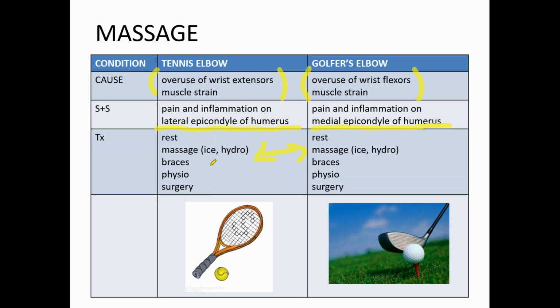They may need a brace. First of all, number one, rest. Stop doing the activity that's aggravating it, which is hard to do if it's your job or you're an athlete or what have you, right? But there's your tennis elbow and golfer's elbow. Any questions with that? Tennis is ice lateral, golfers is ice medial.